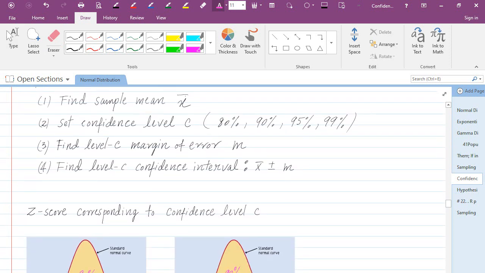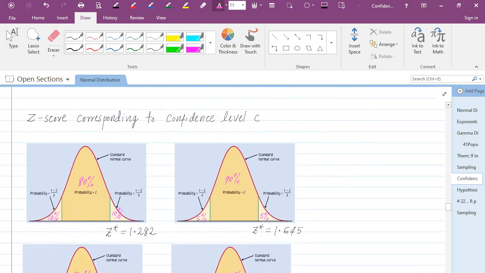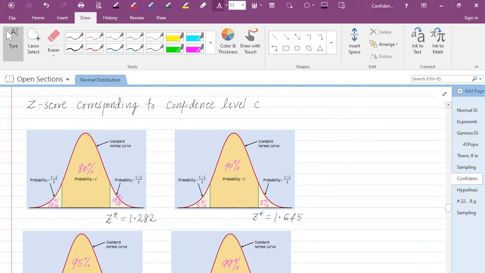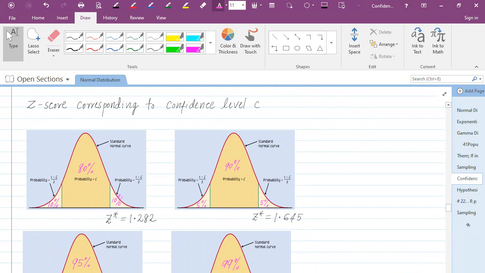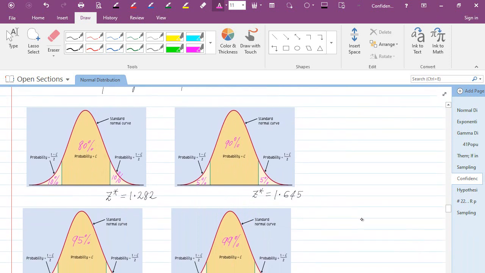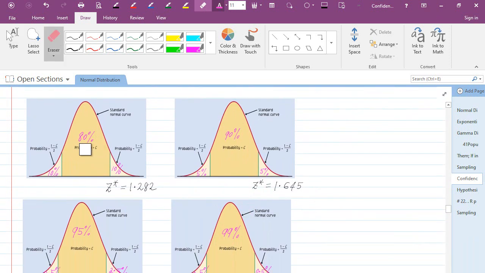Okay, so let me now look at the z-score corresponding to the confidence level C. If the confidence level is set to 80%, in that case the z-star would be 1.282.